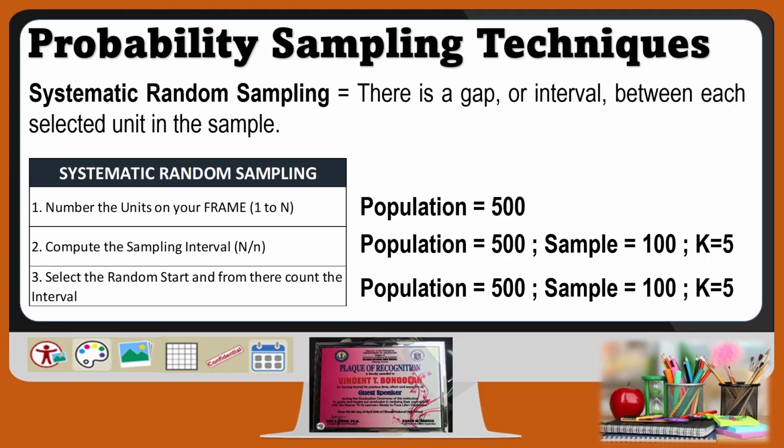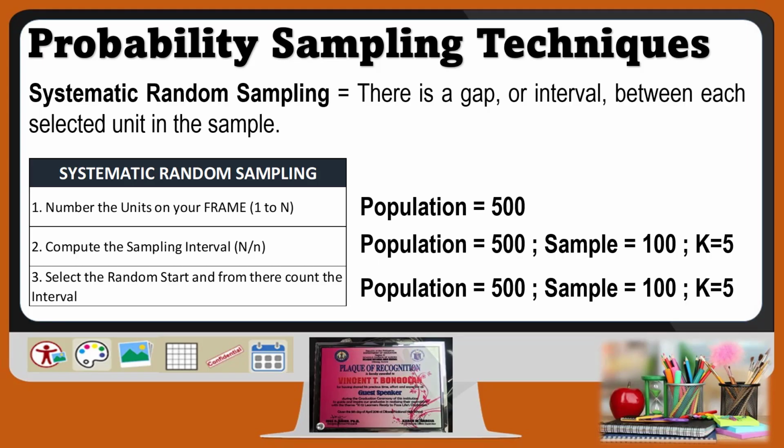Let's say your population is 500, and the required sample size out of 500 is, let's say, 100. Next, you need to calculate the sampling interval. To do this, you divide 500 by 100. So the sampling interval is 5.